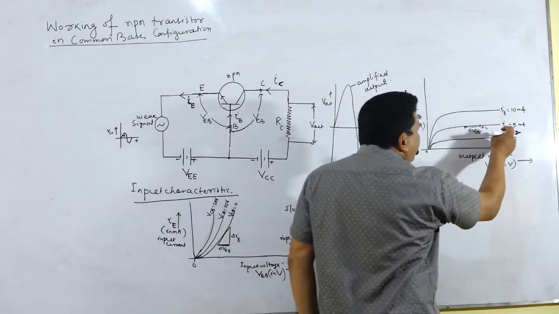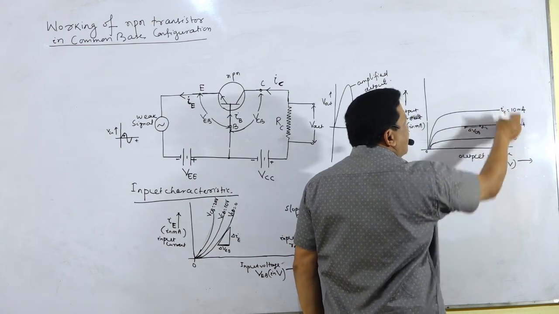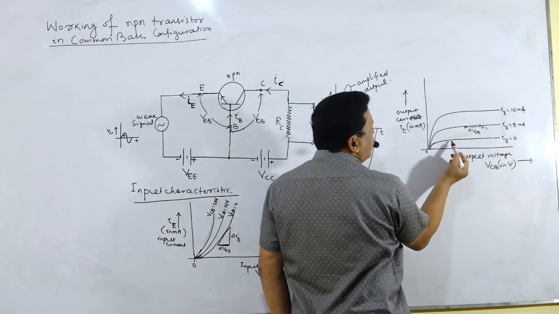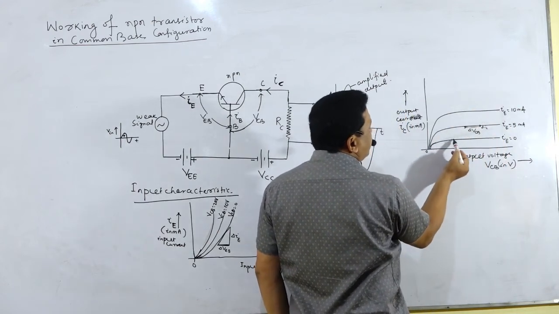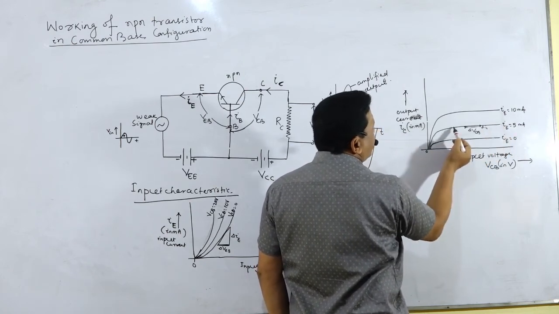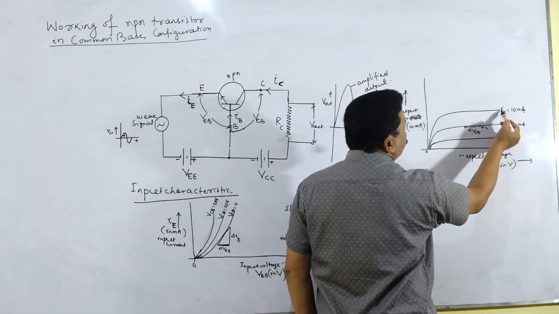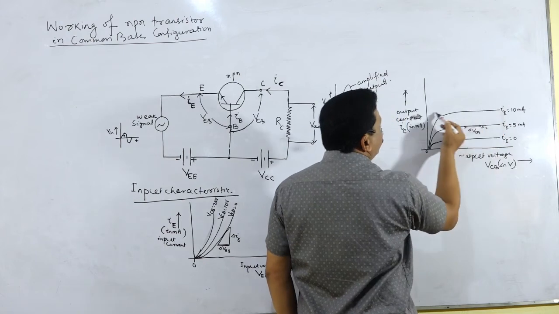But when input current is increased, output current suddenly increases. See here, when input current was 0, the output current was here. But when input current becomes 5 milliampere, the output current increased. Again, when we increase the input current to 10 milliampere, output current increased.